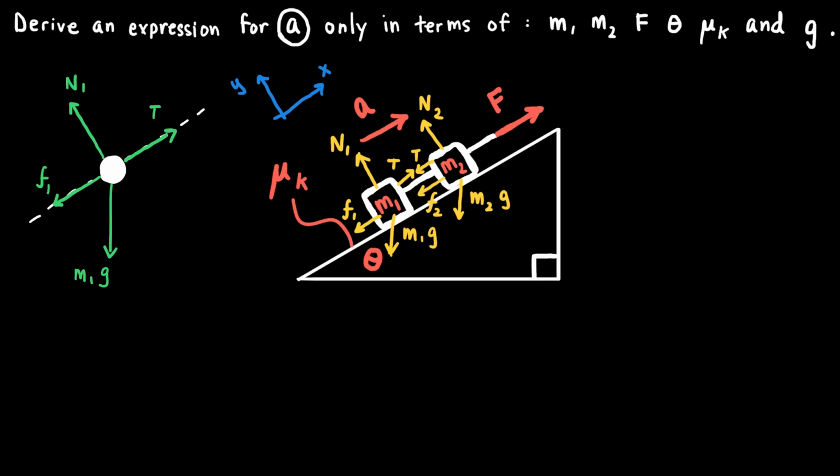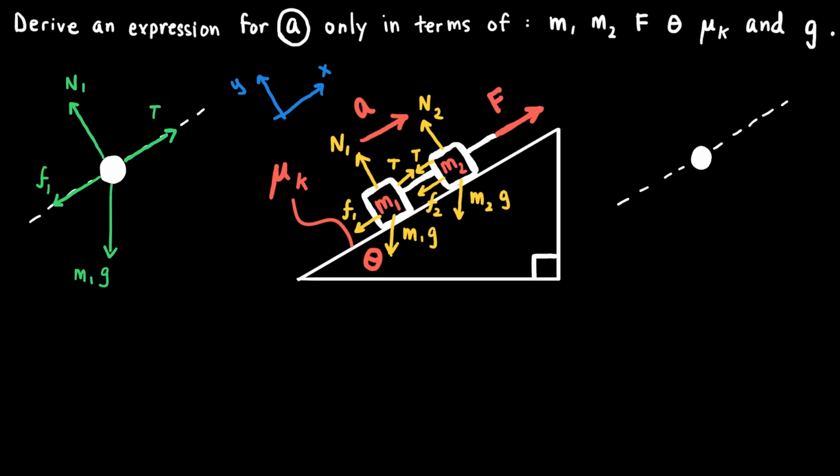And so now let's do the same thing for the block with mass m2. I'm going to draw a large dot, and I'm going to draw all of the forces that act on the block with mass m2. And again, I'll draw a dashed line that represents the inclined plane that actually exists behind this block.